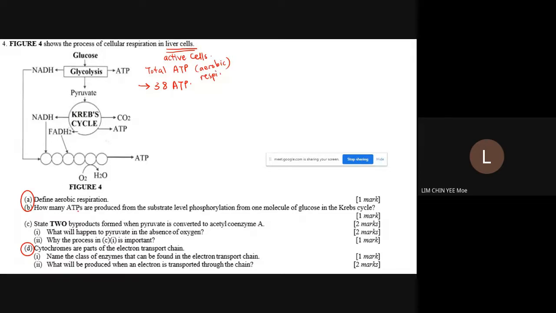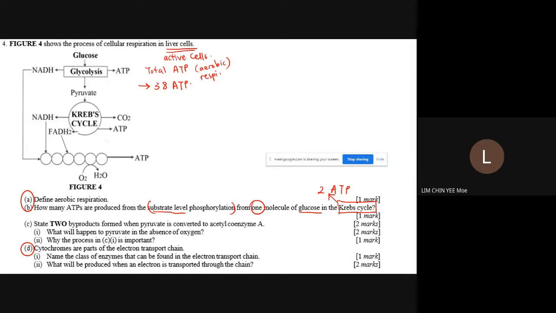B. How many ATPs are produced from substrate level phosphorylation from one molecule of glucose in Krebs cycle? How many? Substrate level je ya. 2. Good job. 2 je. And then C, kita dah bincangkan.